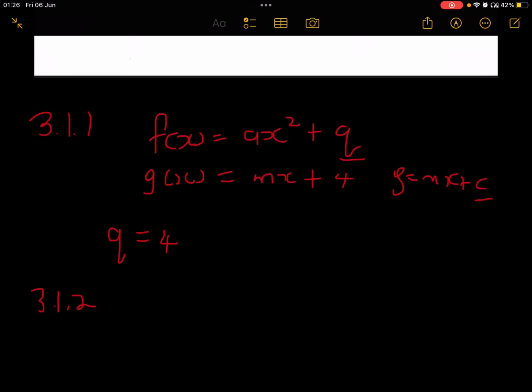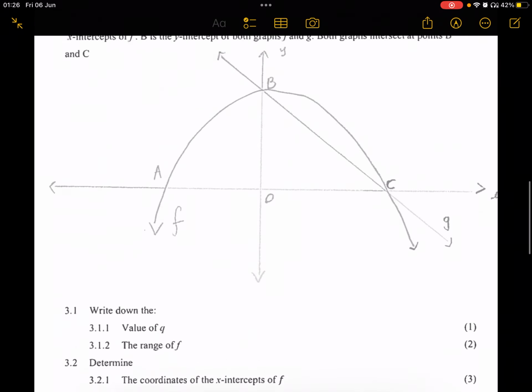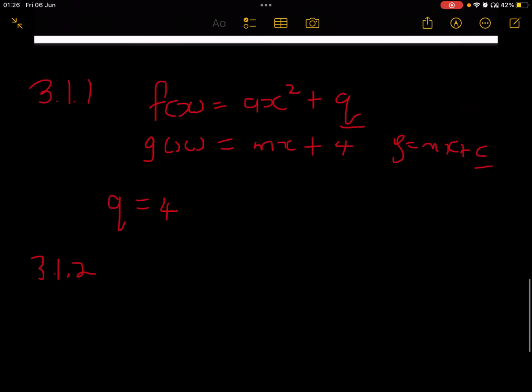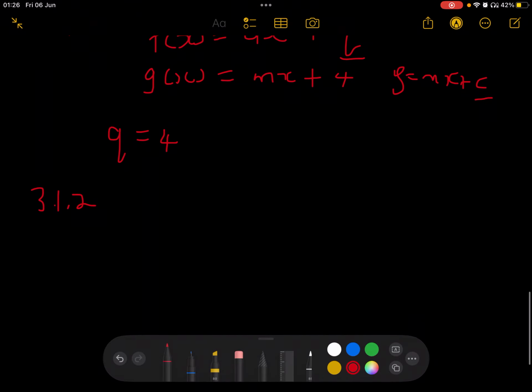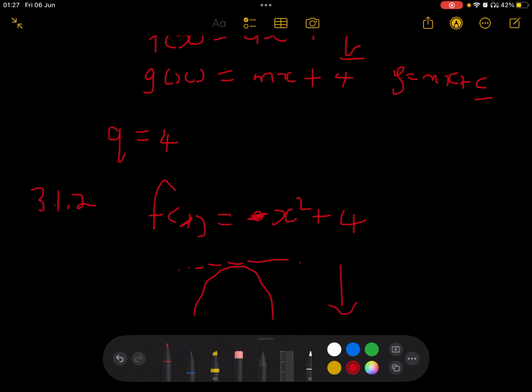3.1.2, the range of f. Now that you know the value of q, it's easy to say f of x is equal to negative x squared plus 4. It's easy to determine the range, since the range is from where the graph comes from all the way down, which is all sets of the y-axis.